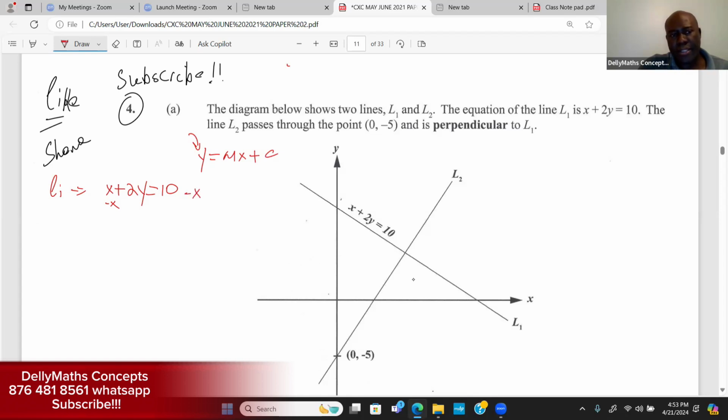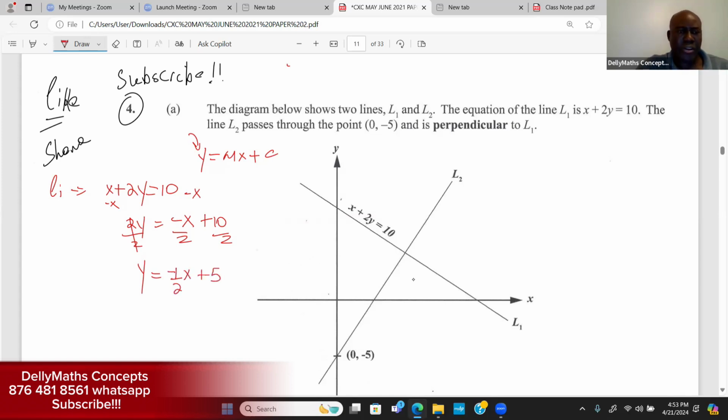Let's rewrite this. We'll have 2y equals negative x plus 10. I just rearranged it in the format. Then I'm going to divide both sides by 2. So y is equal to negative x over 2, or you could say negative a half x plus 5.